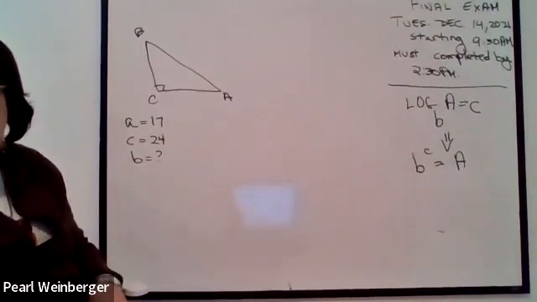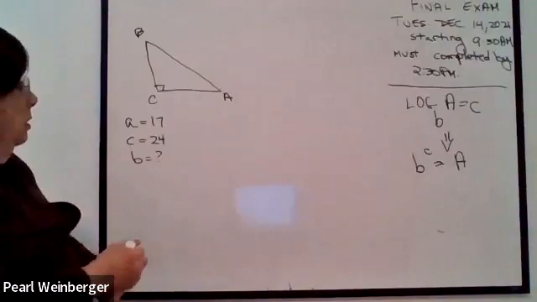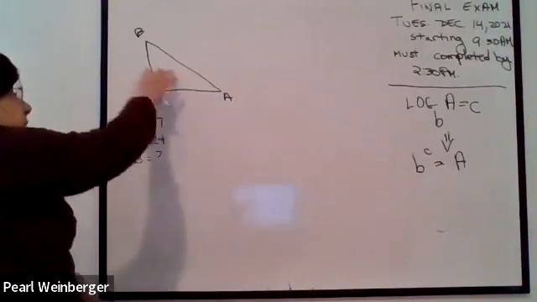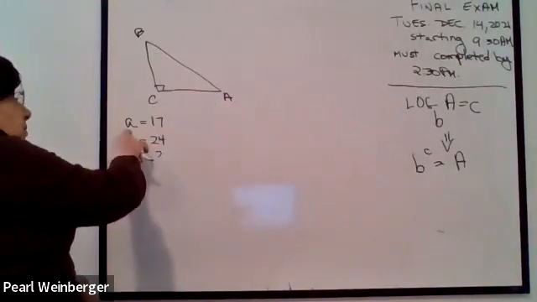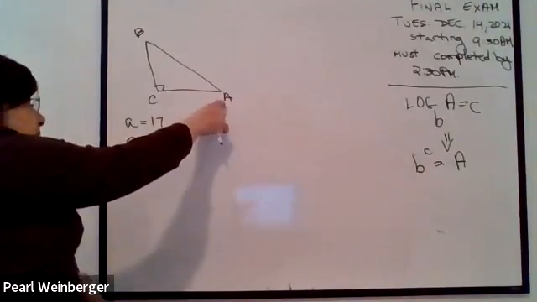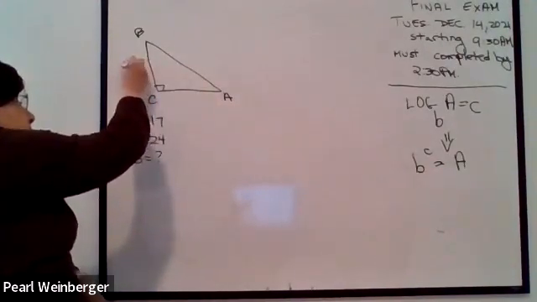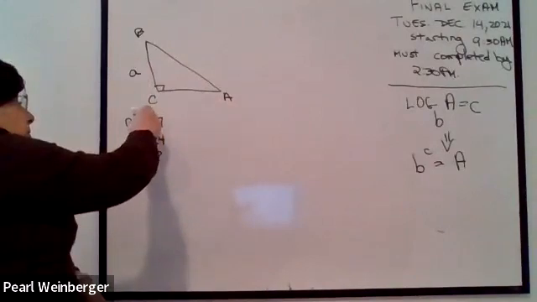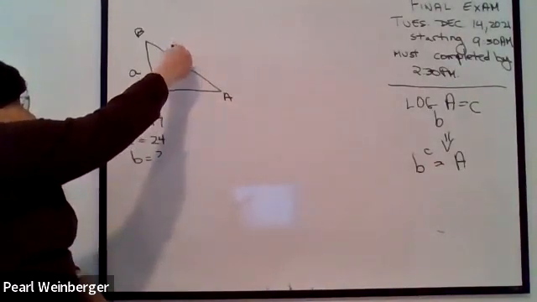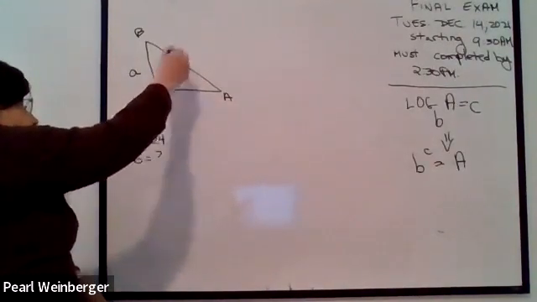Okay, let's see if we can do this together. First of all, let me label my sides. Small a is opposite the capital A, so this will be my small a. The C is opposite the right angle.